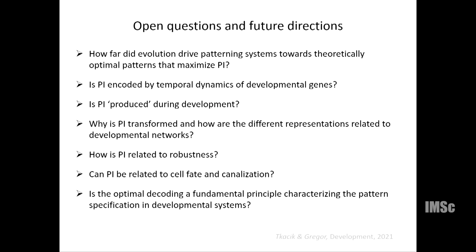Of course, there is a related question: is positional information produced during development? I mentioned the data processing inequality, where you lose information when you process it. But I can also give examples: Bicoid has something like 1.5 bits, and Hunchback by itself has 2 point something bits.